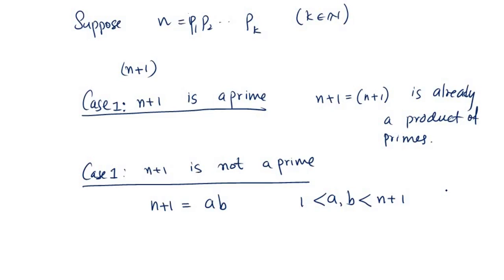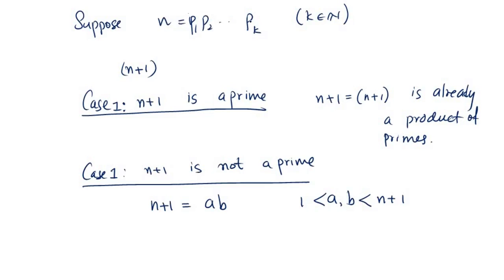However, I hope all of you can see that there is no harm in assuming this result is true for all integers greater than 1 and less than or equal to n. In that case, we know a is one of such integers and b is also another such integer, and therefore each of a and b is a product of prime numbers.